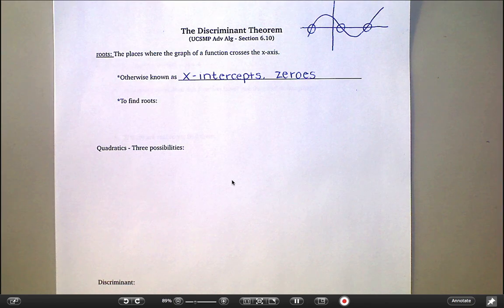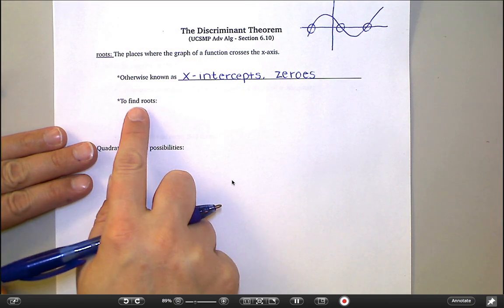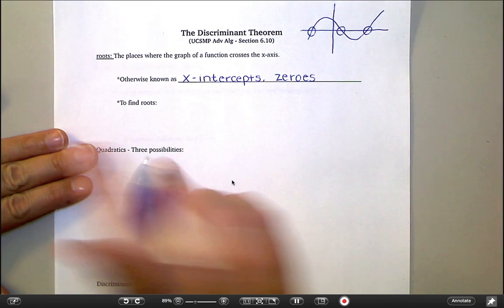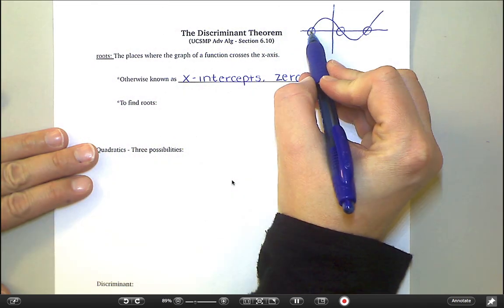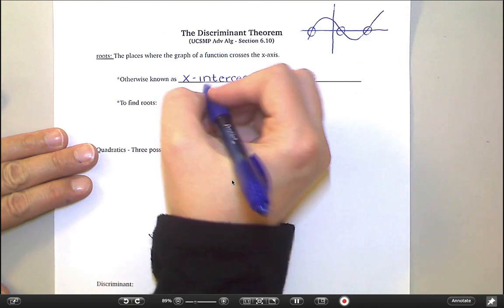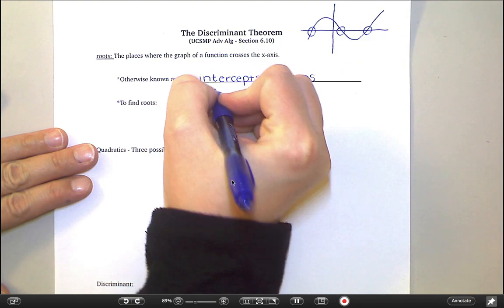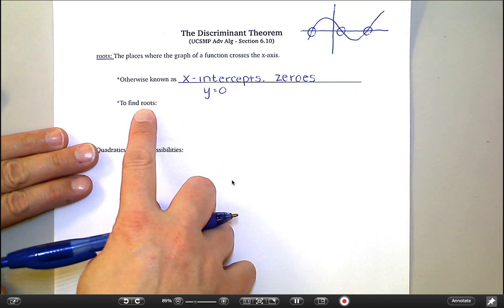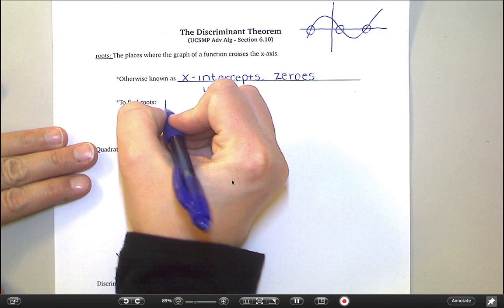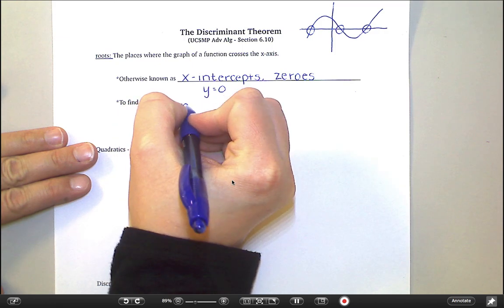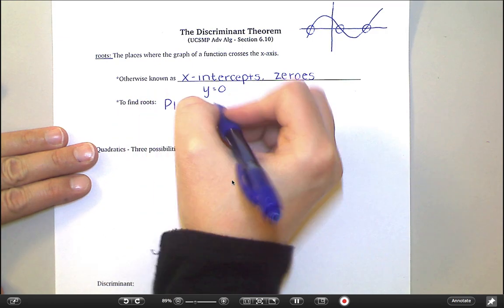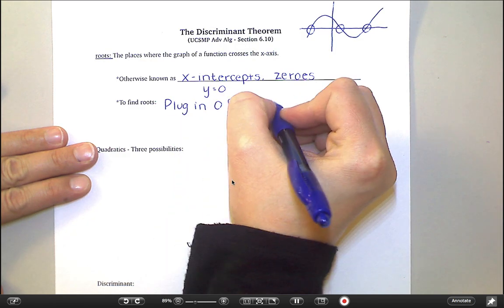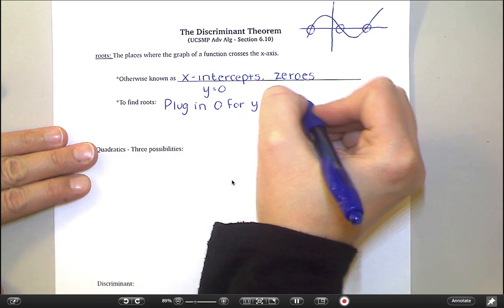Now, let's remind ourselves what we know about finding x-intercepts. At the x-intercept, anytime in any graph, if I'm standing at one of these points where I'm crossing the x-axis, I know y is equal to 0. So if I'm looking to find what the roots are, I'm going to plug in a 0 for y, and then I'm going to solve for x.